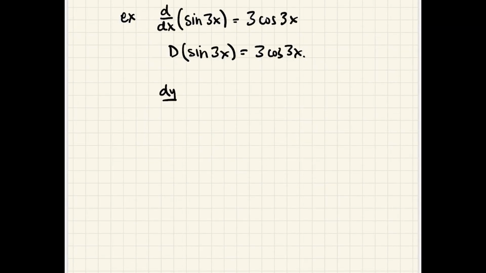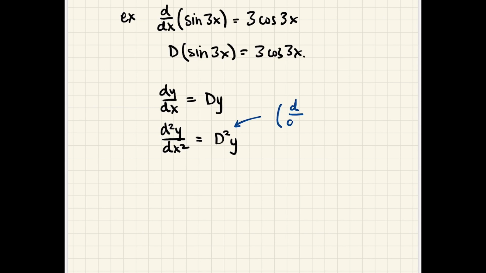Or the derivative of y with respect to x, you can simply write as Dy. The second derivative is D squared y, and all the pieces still work here: D squared would be like the square of d dx being multiplied by y, so that's d squared y over dx squared. And the nth derivative of y with respect to x is capital D raised to the n times y.